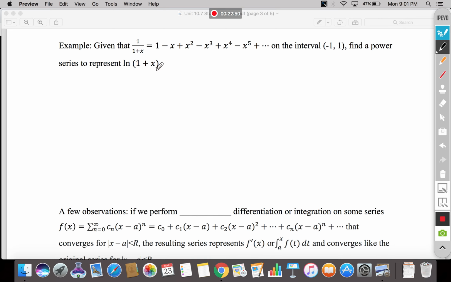You might go, okay, well, where is that coming from? 1 over 1 plus x, natural log of 1 plus x. You might be able to go, this looks like an integration kind of thing, and you're right. We know that the antiderivative of 1 over 1 plus x is the natural log of the absolute value of x, right?